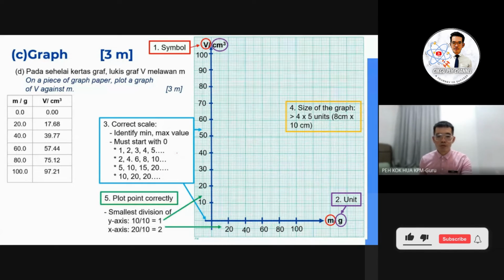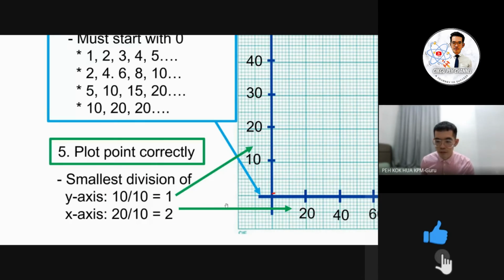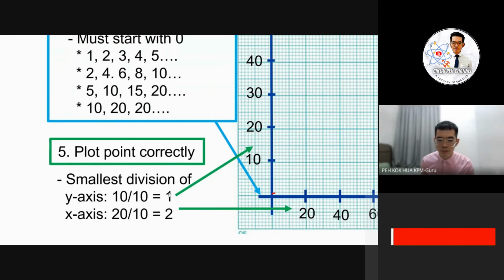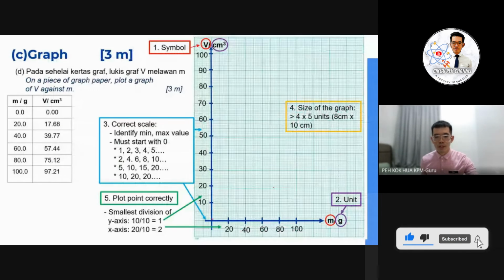The 5th tip is to plot points correctly. Here we have 5 points. You have to define that one small box is actually the smallest division. For the y-axis, the smallest division will be 10 divided by 10 boxes, so it is 1, and for the x-axis the smallest division will be 20 divided by 10, which gives 2.